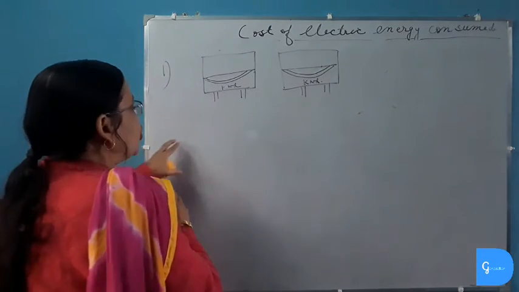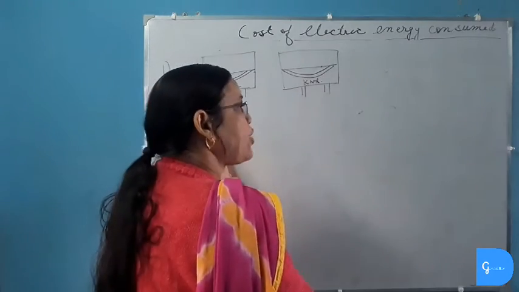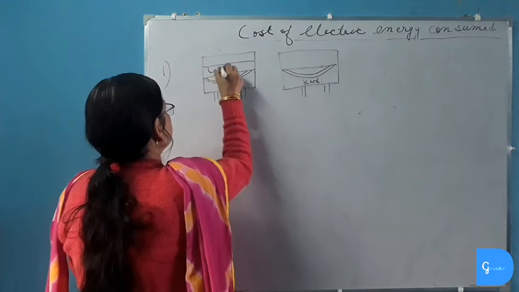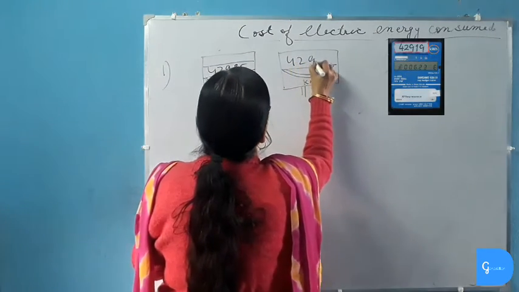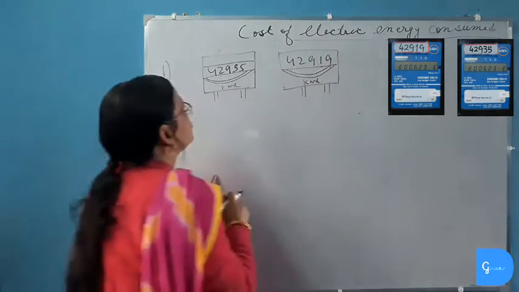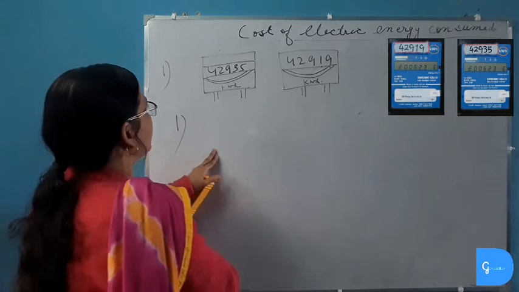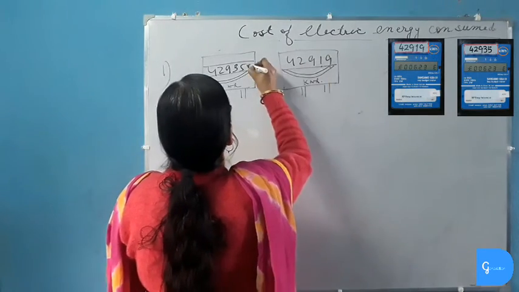Now 2 meter box are given. A boy noted a meter reading on Sunday at 8 am and again on Monday at 8 am. The meter reading was, so first question is, which one was the meter reading on Sunday? So this one is less than this one.